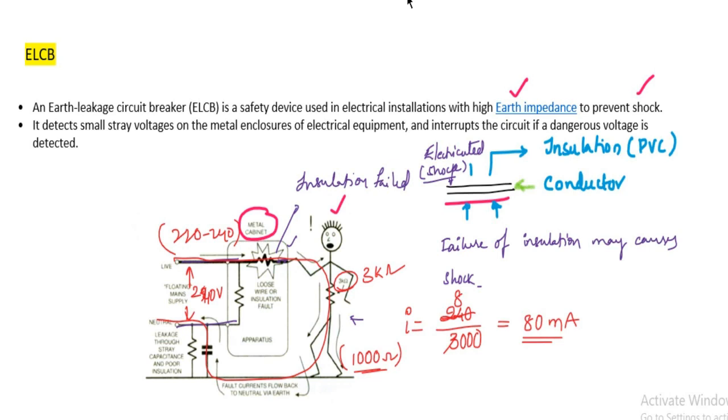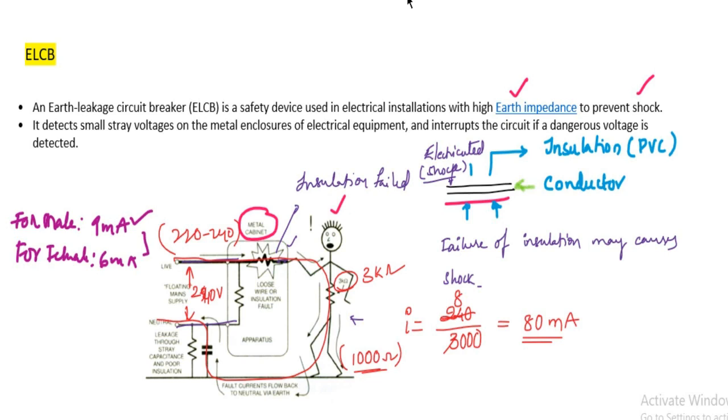And what is the current above which a human gets electrocuted? For male it is 9 milliamperes, and for female it is 6 milliamperes. That means if you pass a current of more than 9 milliamperes through the human body, you are going to get electrocuted.